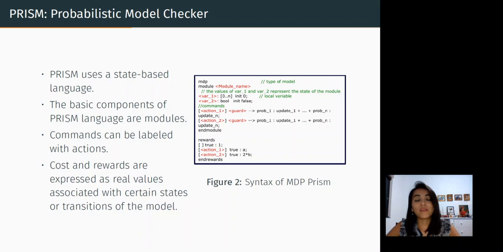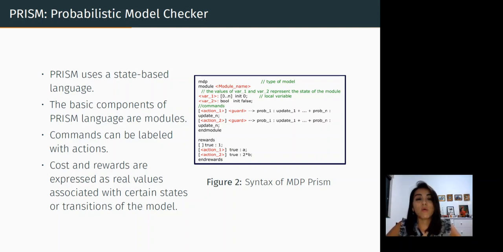In order to solve this MDP model, we use the probabilistic model checker PRISM. PRISM uses a simple state-based language whose basic components are the models. Models comprise variables and commands. The variables represent the state of the model, and the commands represent the behavior of the model.